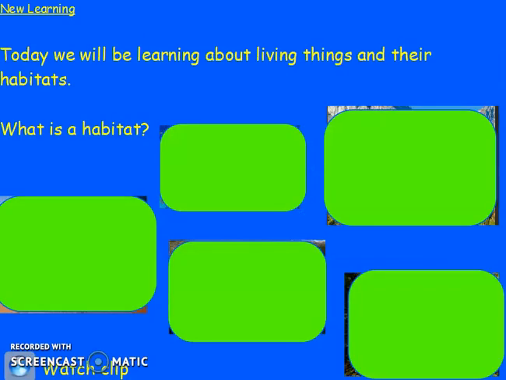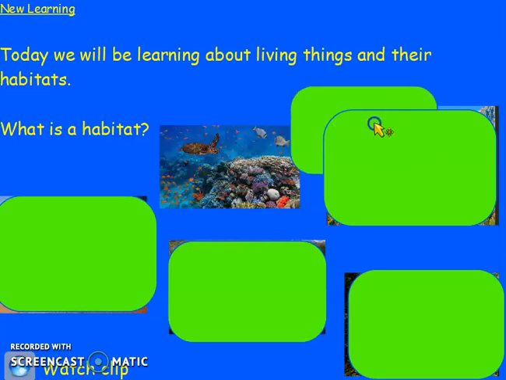Which leads me on to our new learning topic today. We're going to be learning about living things and their habitats. Do you know what a habitat is? A habitat is a home for a living thing. Let's have a look at some examples. So we've got habitats with water, such as under the sea.